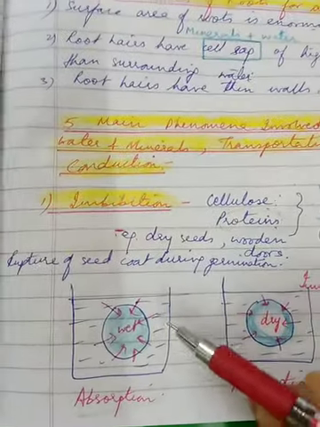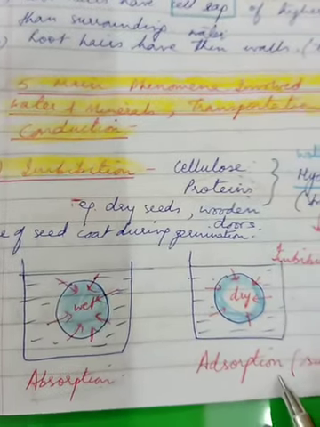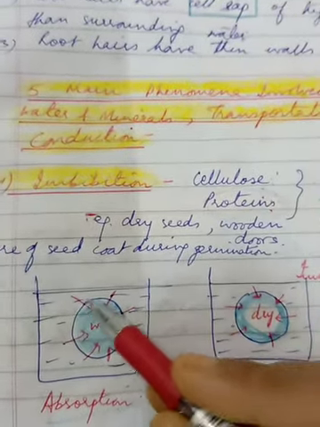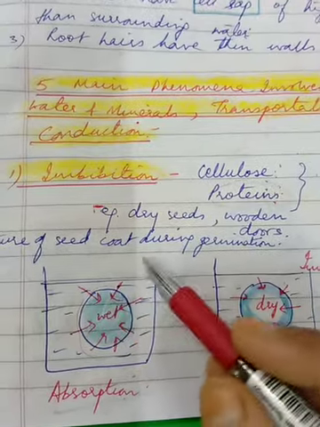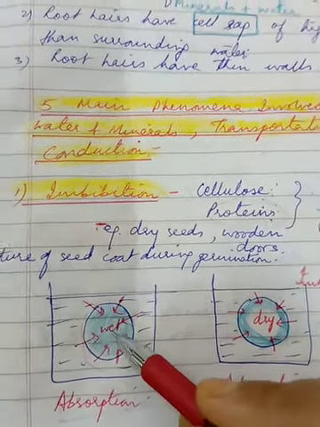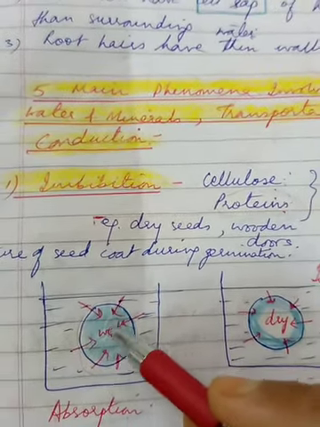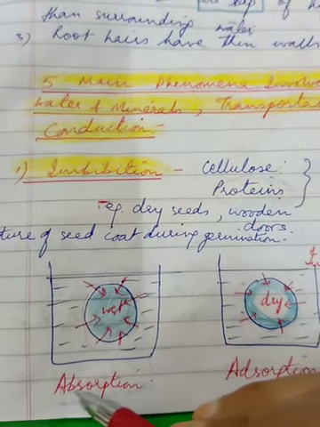You can see here, there are 2 words, children: absorption and adsorption. Suppose this is a ball of mud immersed into water. If water enters everywhere, even to the center of the mud ball, then it becomes wet inside. This is total absorption.